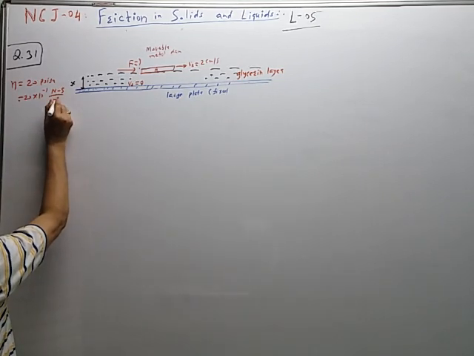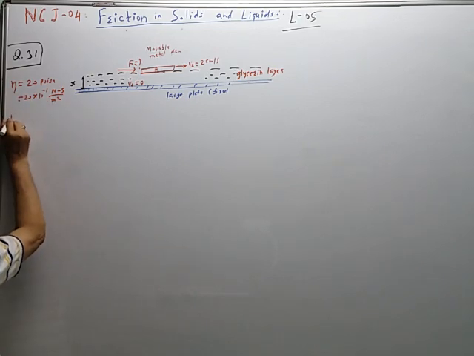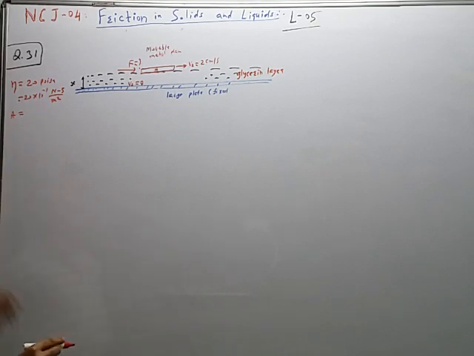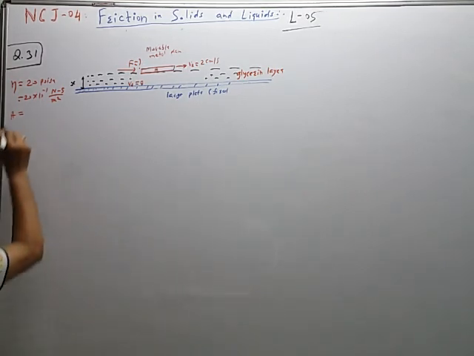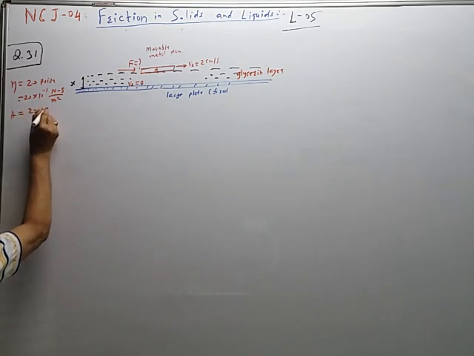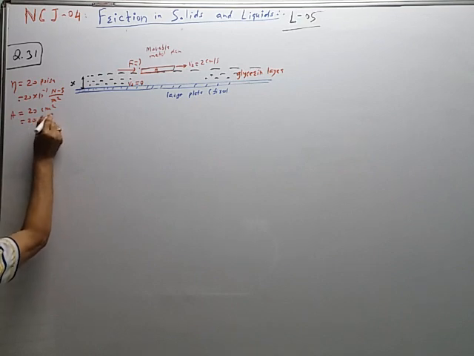This is the coefficient of viscosity. Area is given. The area of the metal plate is 20 centimeter square, so 20 into 10 raised to minus 4 meter square.